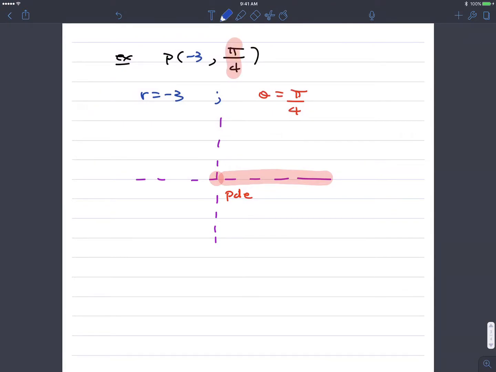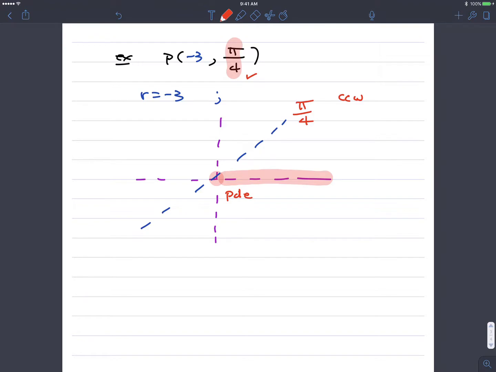What is the angle here? 45 degrees. So I'm going to do this imaginary line here where my rotation is positive, counterclockwise. And so here's my 45 degree, pi over 4 angle. Got the angle. Everyone okay with this?